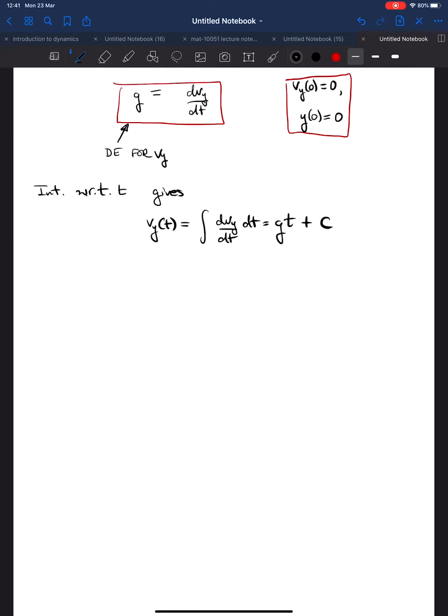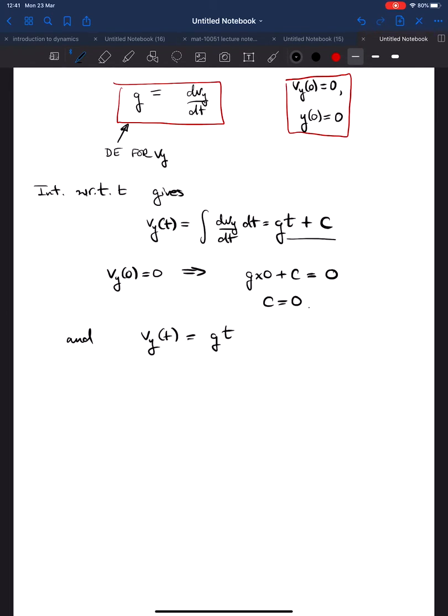Okay, so of course Vy of 0 equals 0 will then imply, if I plug this in, g times 0 plus c equals 0. So c is 0. Okay, nice.